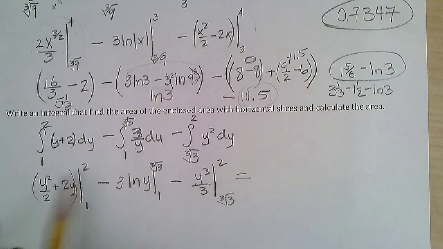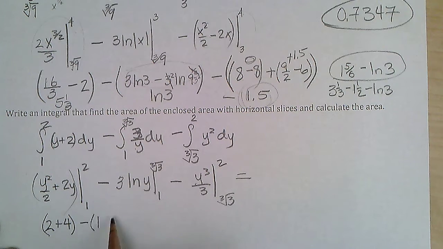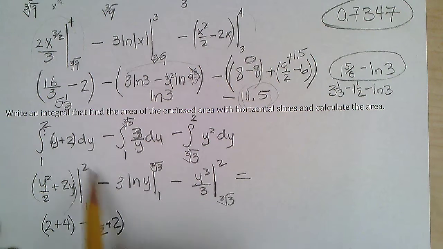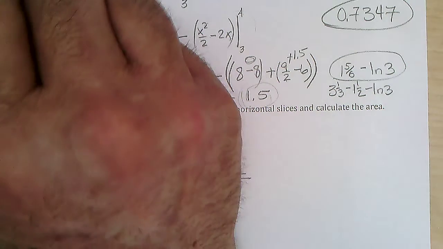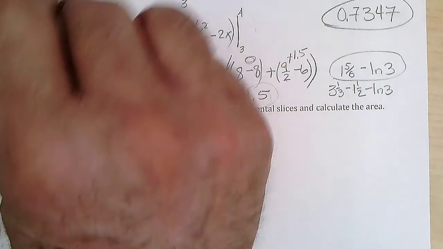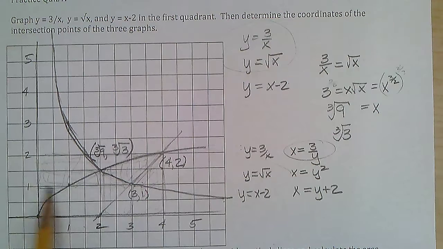So I'm going to get 4 over 2, which is 2 plus 4, minus 1/2 plus 2. That's the total area. Let's see what that comes out to be. It should be 3.5.